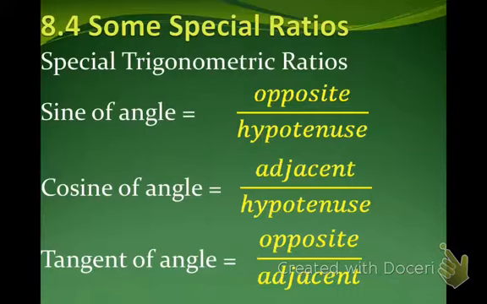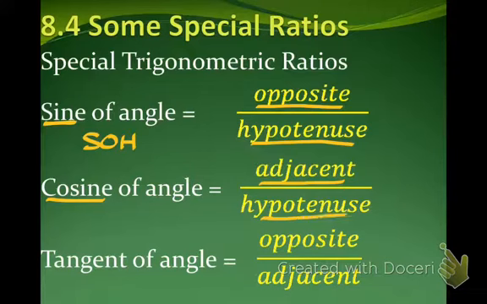we want to think about these as kind of this funny acronym. Okay, the sine is the opposite over the hypotenuse. So we call this SO. Sine is opposite over hypotenuse. The cosine is adjacent over hypotenuse.